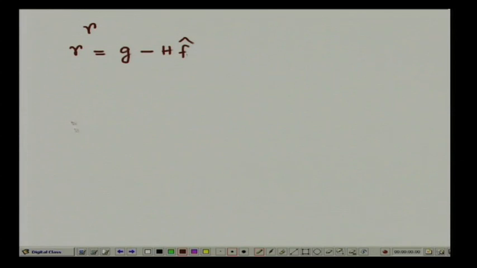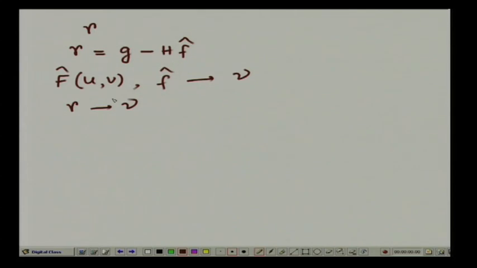Now, we have seen earlier that f hat u v, and so this f hat in the spatial domain, are functions of gamma. So, obviously, r, which is a function of f hat, will also be a function of gamma.